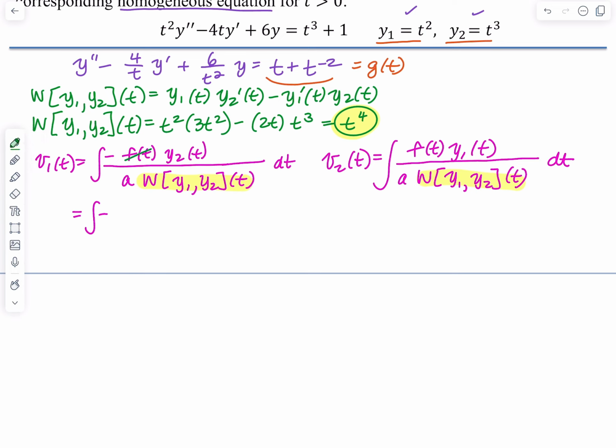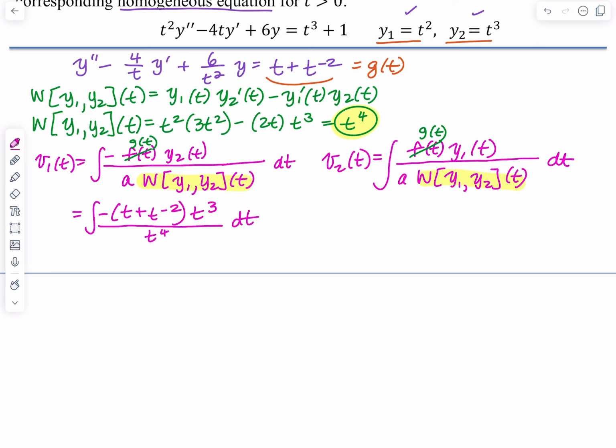But we just have that formula, so it's not a big deal. And so we have the opposite of g of t, which is the opposite of t plus t to the negative 2. And then we still have y2 of t, which is t cubed, divided by a, which is equal to 1, and the Wronskian is t to the fourth dt.